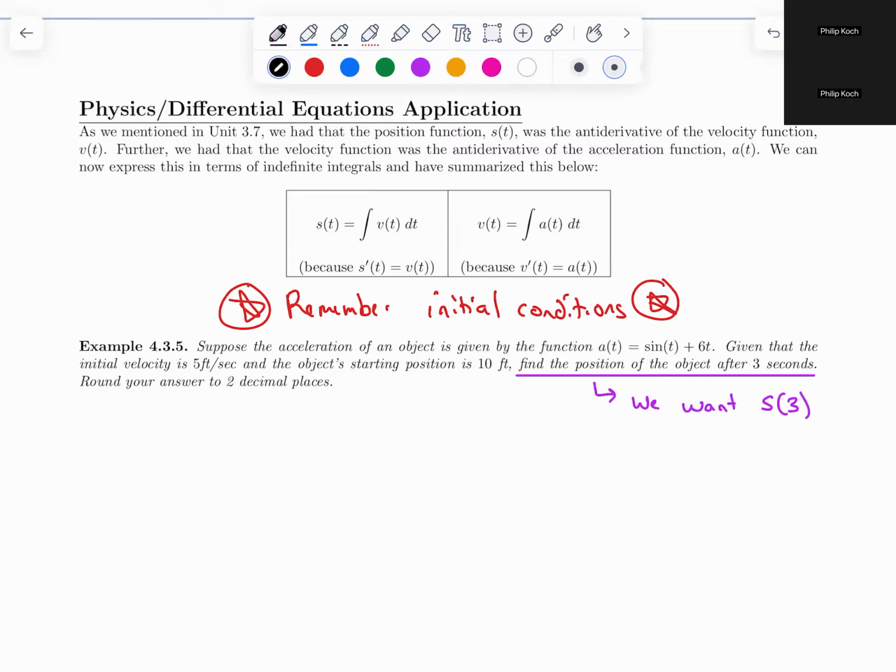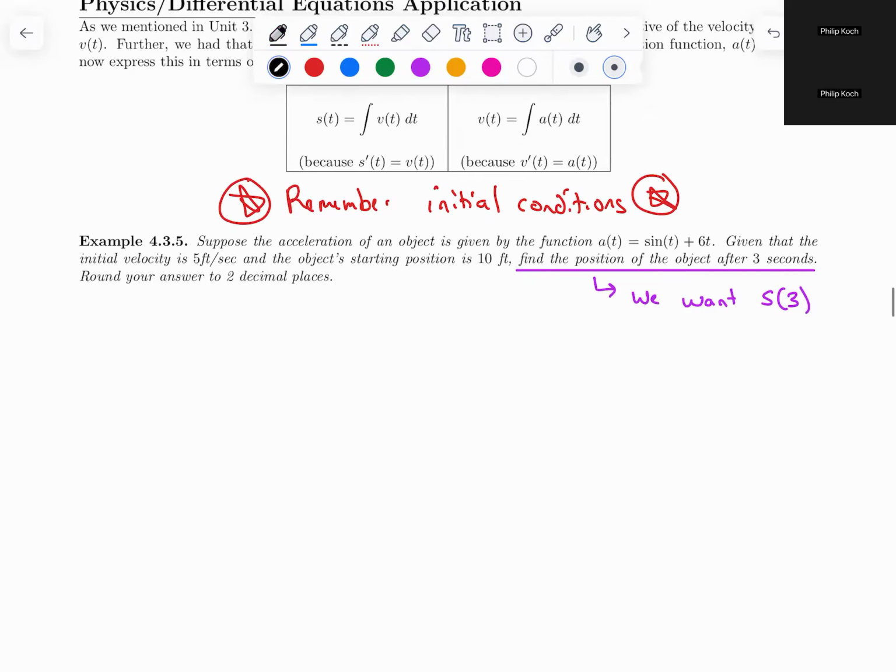So we need to find antiderivatives. v of t will equal the indefinite integral of a of t dt. So that's the indefinite integral of sine t plus 6t dt.